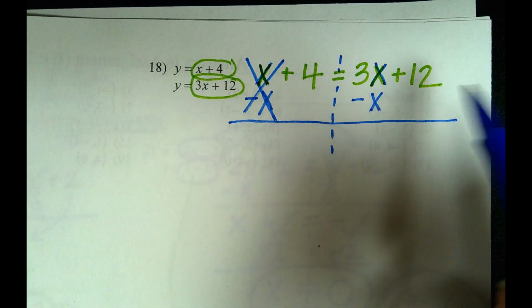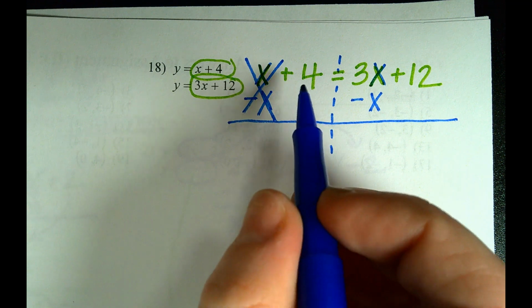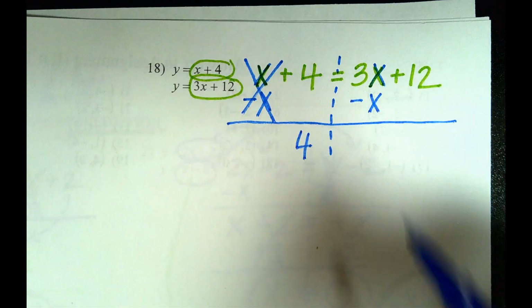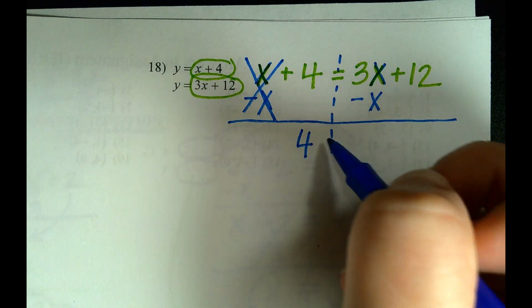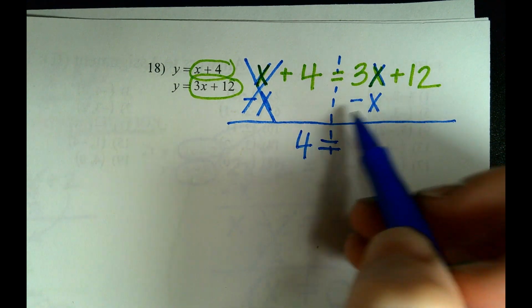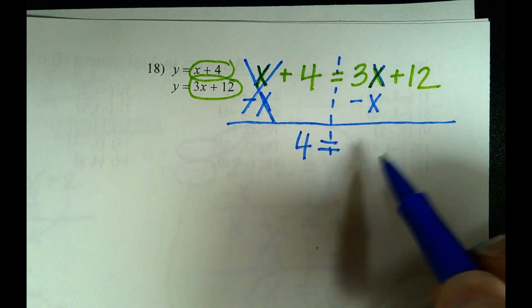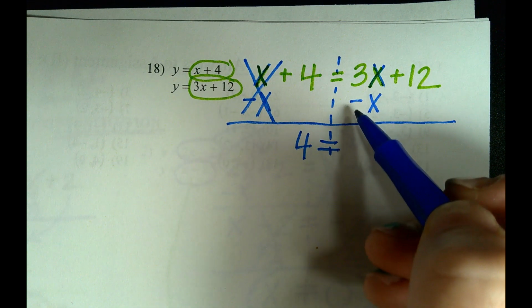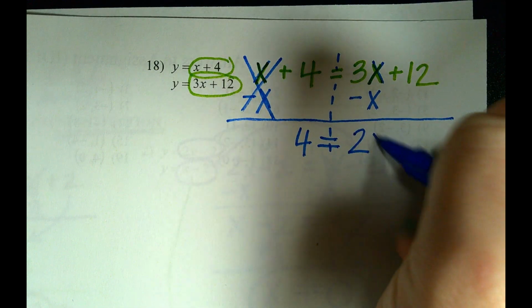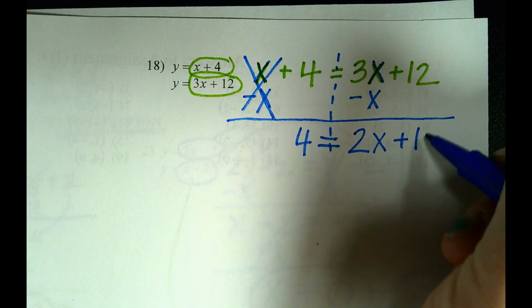And now we want to start bringing everything down below the line. I have 4 left over here. I have my equal sign. I have 3x, but then take an x away, plus 12. So what is 3x take away 1x? 2x. And I'll bring down my plus 12.